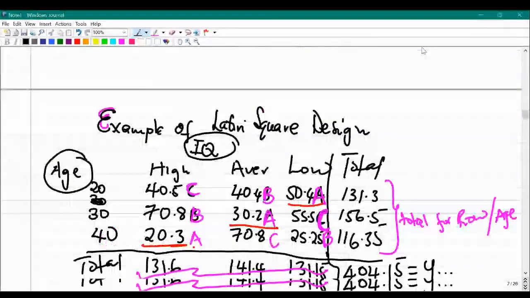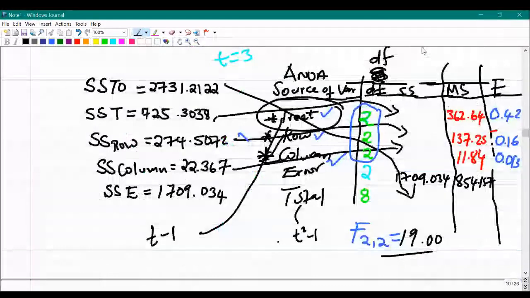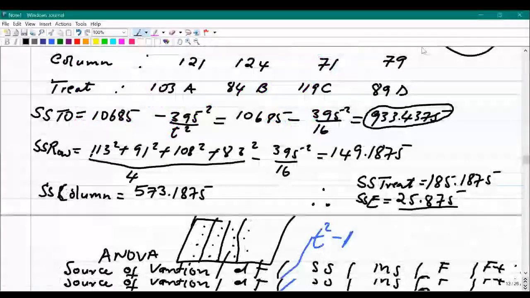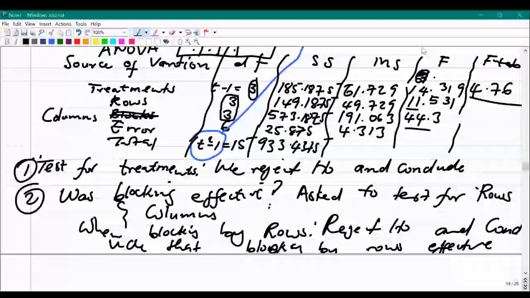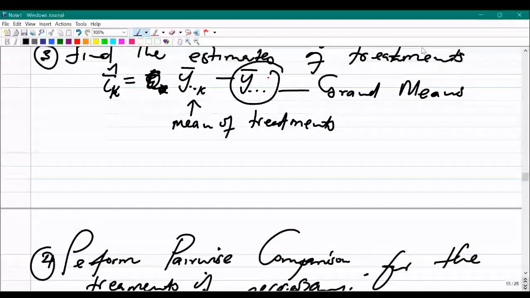Let me know if you're able to see the screen. Are you able to see the screen? Yes. Oh, thank you very much.